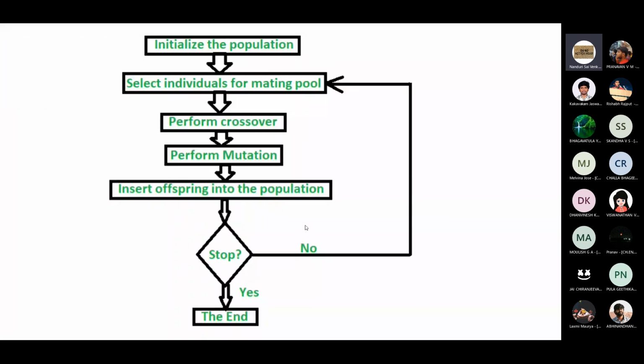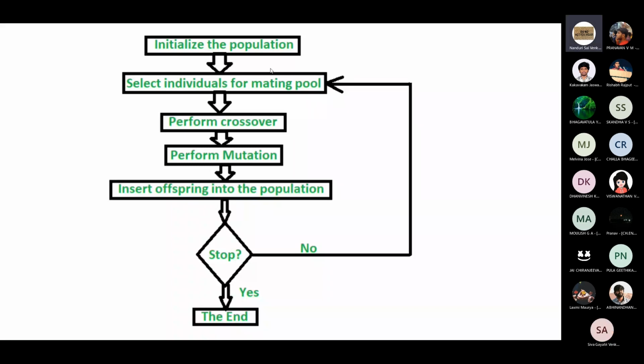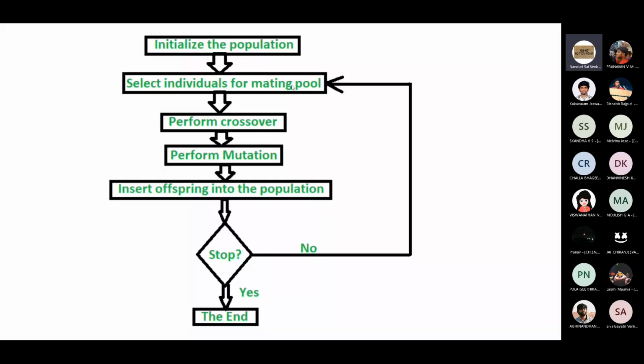This is the structure of the algorithm. First, we initialize the population, then we select chromosomes for the mating pool. We take two chromosomes, perform a crossover, and then mutate them if necessary.